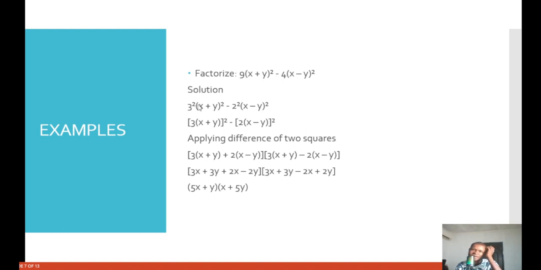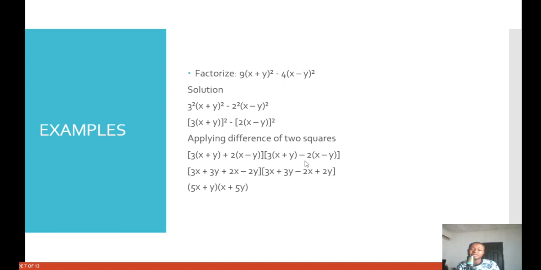So which means that we can enclose everything inside a bracket, because when I open this bracket with this power, we are going to have the same thing here. So here also we apply difference of two squares in order to make our work easier and faster. Applying this difference of two squares, one side will be positive and the other side will be negative.